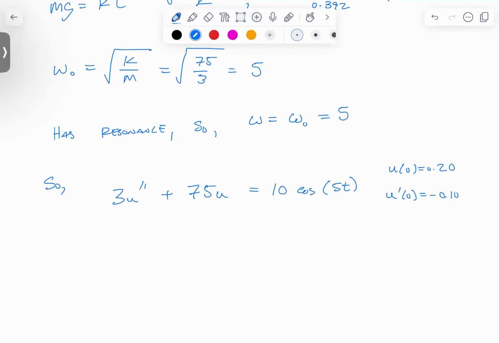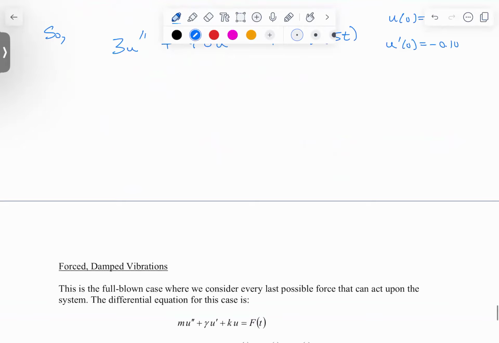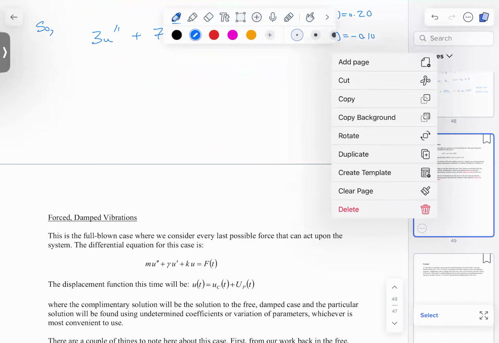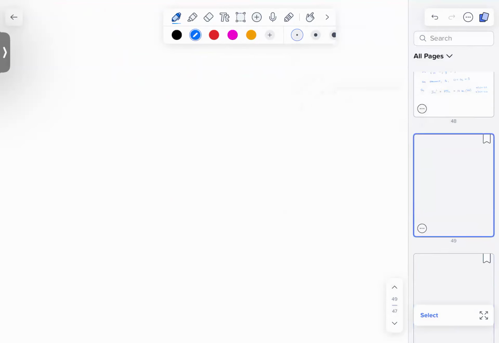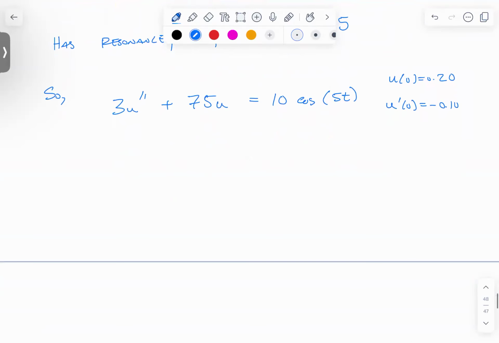Now I have an equation with some initial conditions. Once again, I'm always going to start with the characteristic equation, solving the associated homogeneous equation.